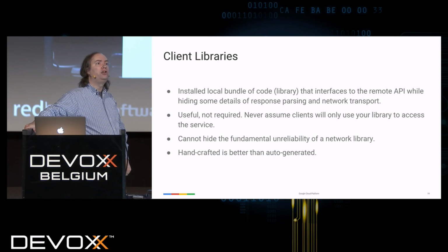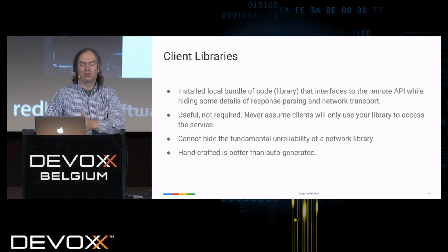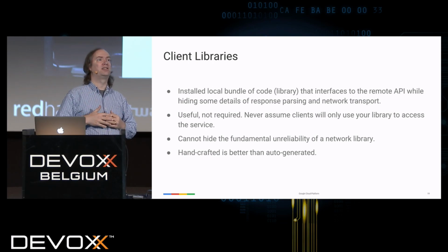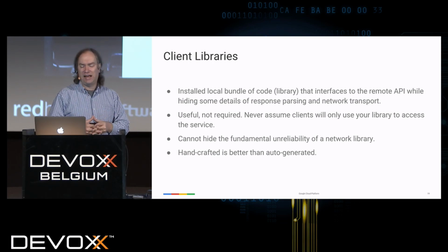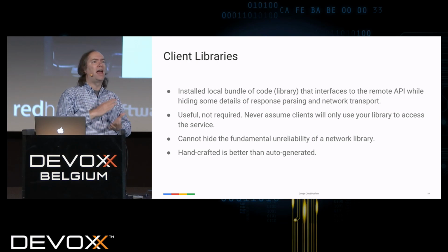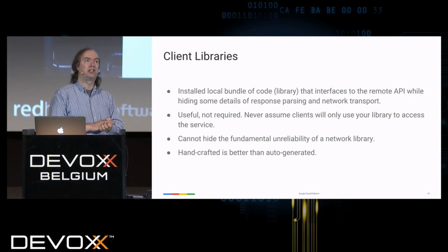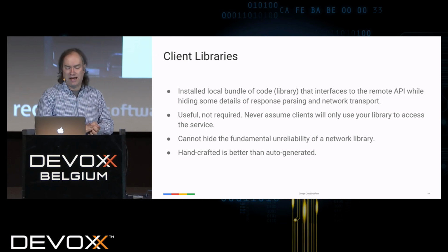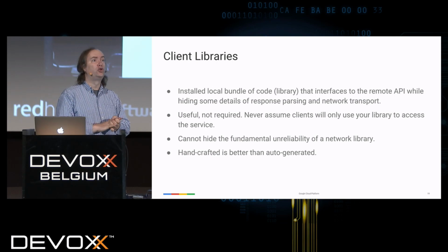But it is often useful and helpful to provide a classic API, i.e. an installed library, a local bundle of code that runs on people's own laptops or servers, that talks to your system, that abstracts away some of the details of the HTTP communication, the response processing, parsing the JSON or the XML, and the authentication and authorization especially, because that's really complicated, and I'll get to that next.